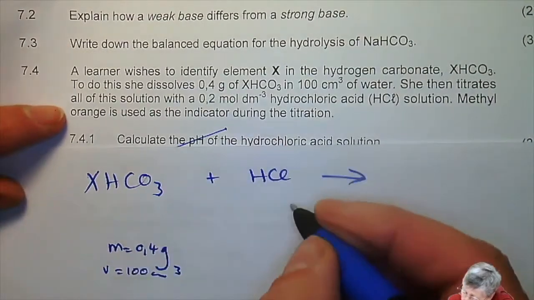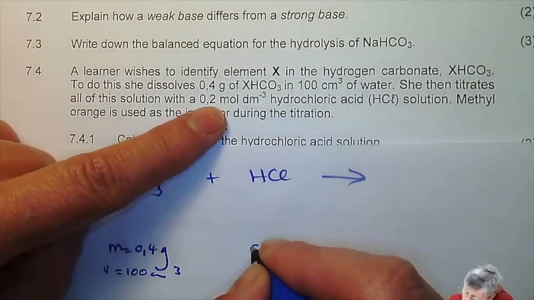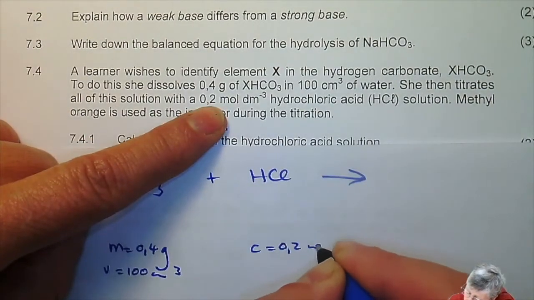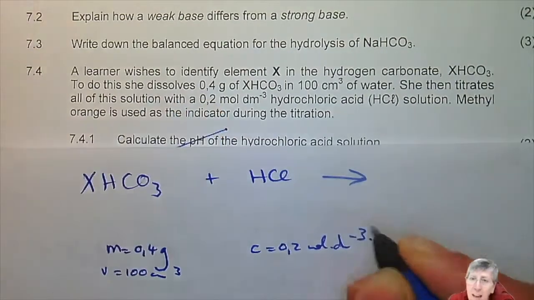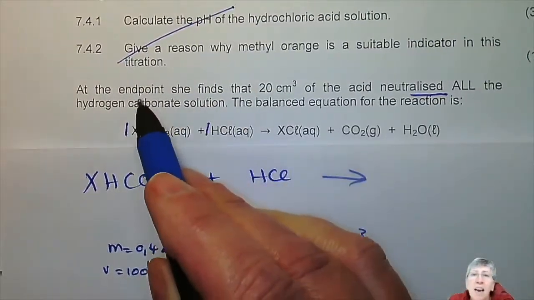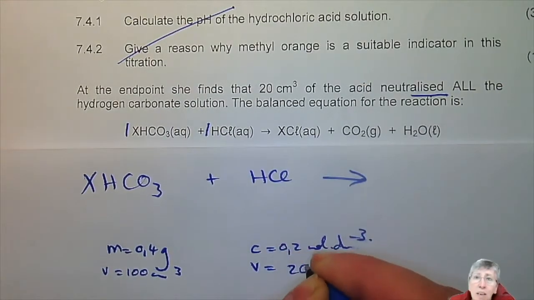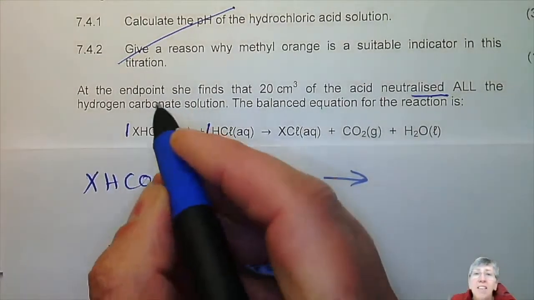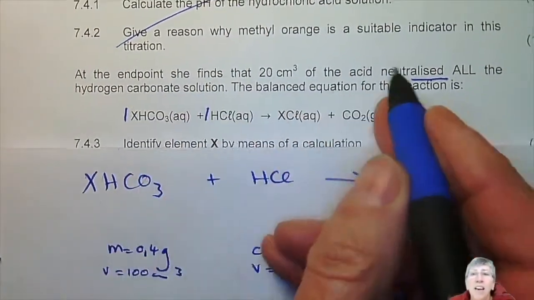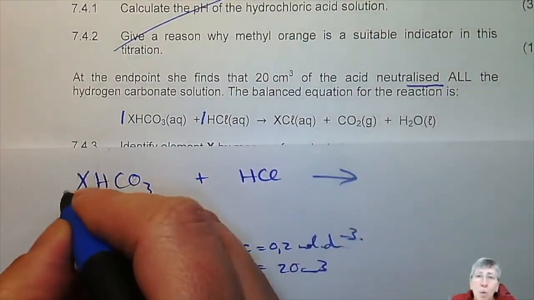And then she titrates it with this, and they give us the concentration, 0,2 moles per cubic decimeter, and then they tell us at the end point, so they gave us volume there as well, 20 cubic centimeters. And since it's at the end point and they have fully neutralized, I know 1:1.